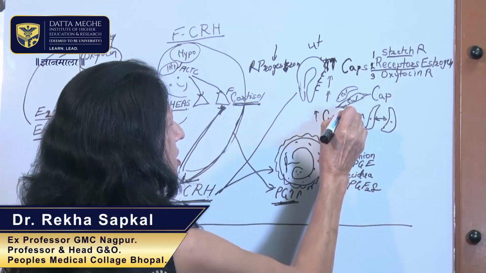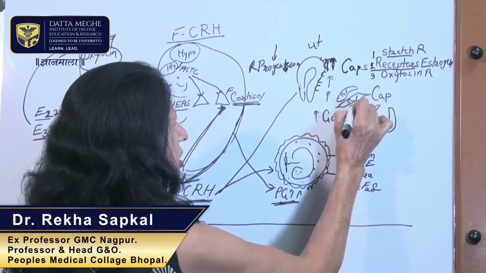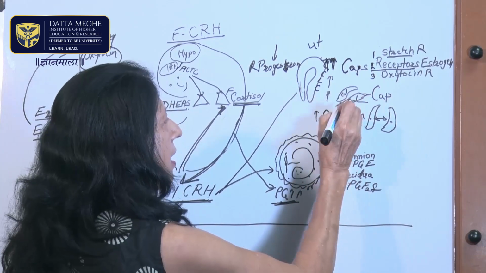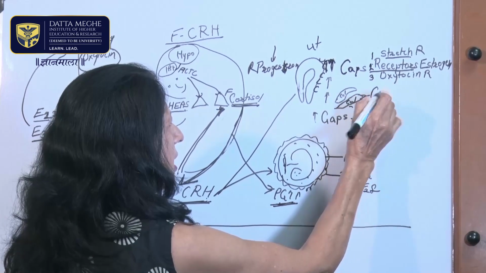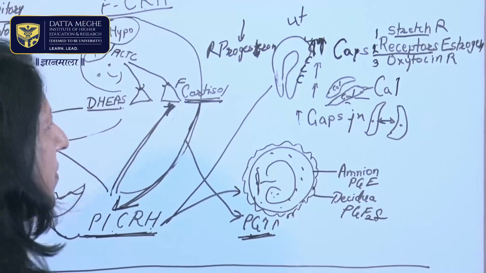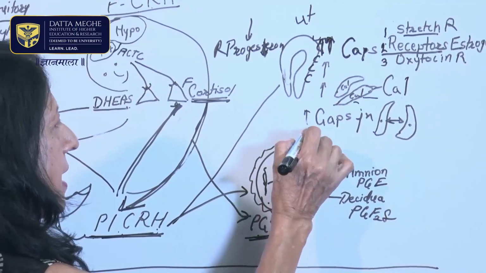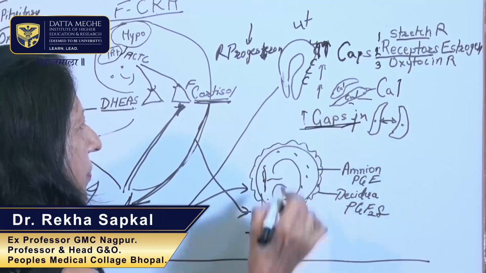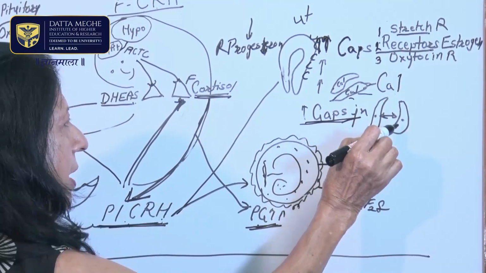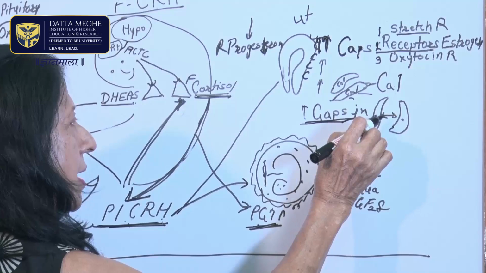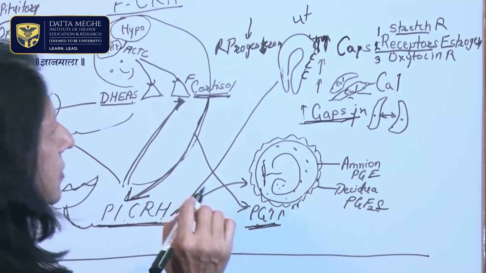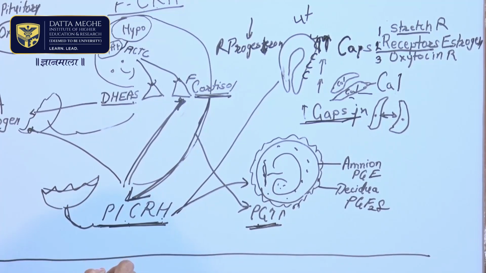Next action is on myometrial cells, which causes influx of extracellular calcium into the cell and increases intracellular calcium content. So, intracellular calcium content also increases. Third way, it increases gap junctions, means there are tunnels, protein tunnels in between the myometrial cells. These gap junctions are increased to transfer the impulses from the outside to the inside of the cells.